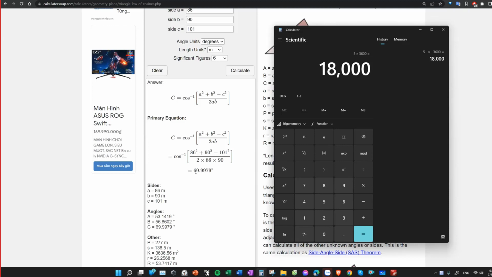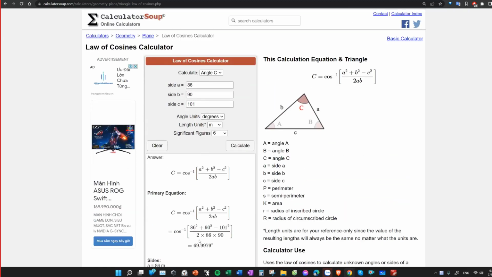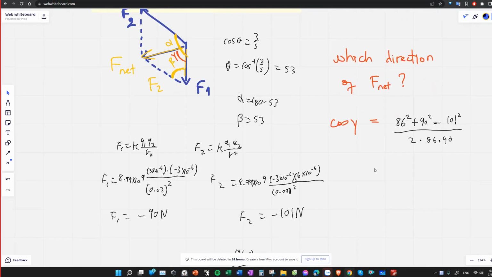Yeah, 70 degrees, from the online calculator. So gamma is 70 degrees. So we can conclude that the net force makes an angle of 70 degrees to the vertical direction and to the left.